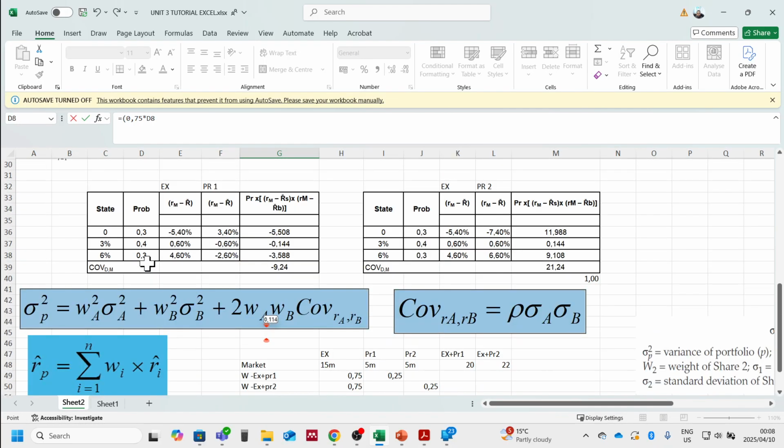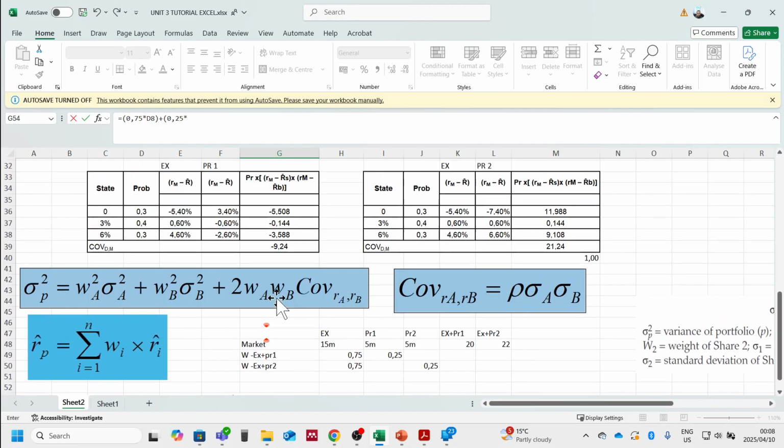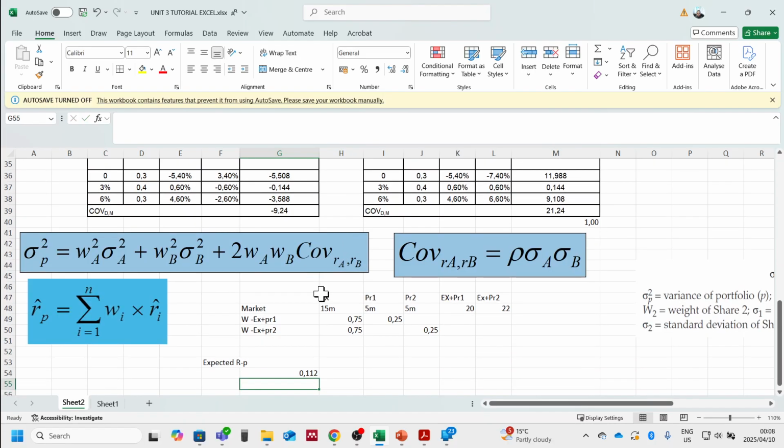So we're going to multiply this by 11.4%, and then plus open brackets, the weight of asset B, which is 0.25, multiplied by the expected return of that asset. Here we're looking at project one, which is 16%. And then close brackets.